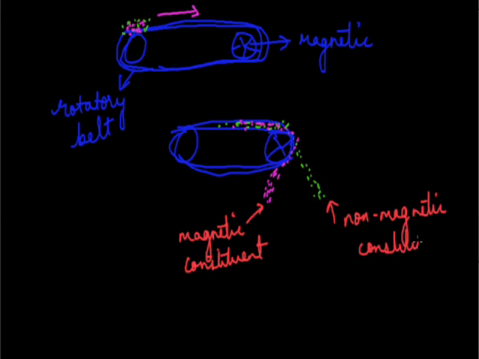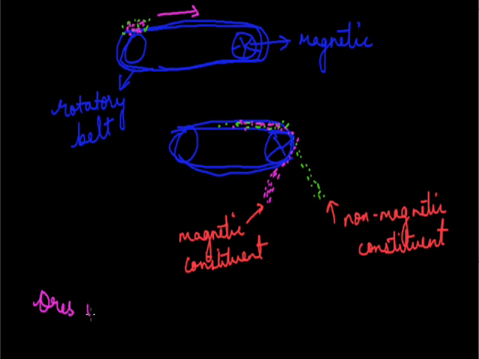In this way we can separate the magnetic and the non-magnetic constituents from the ore. This can be ore or impurity, and the non-magnetic can also be ore or impurity. This method is generally used for concentration of oxide ores of iron, nickel and cobalt, which have magnetic properties.